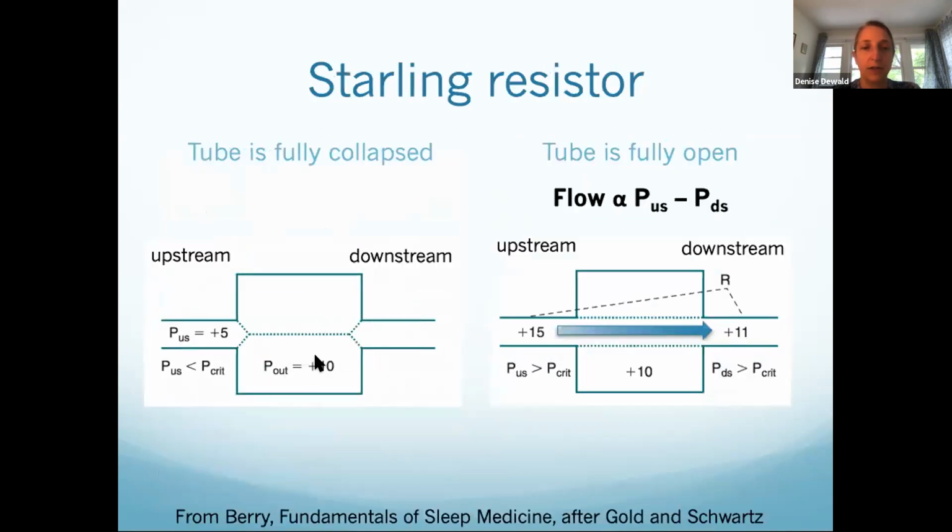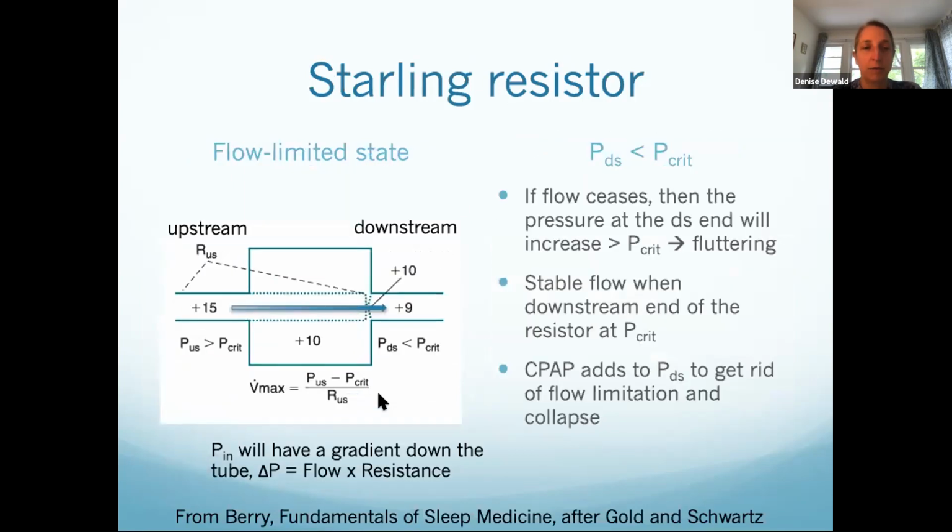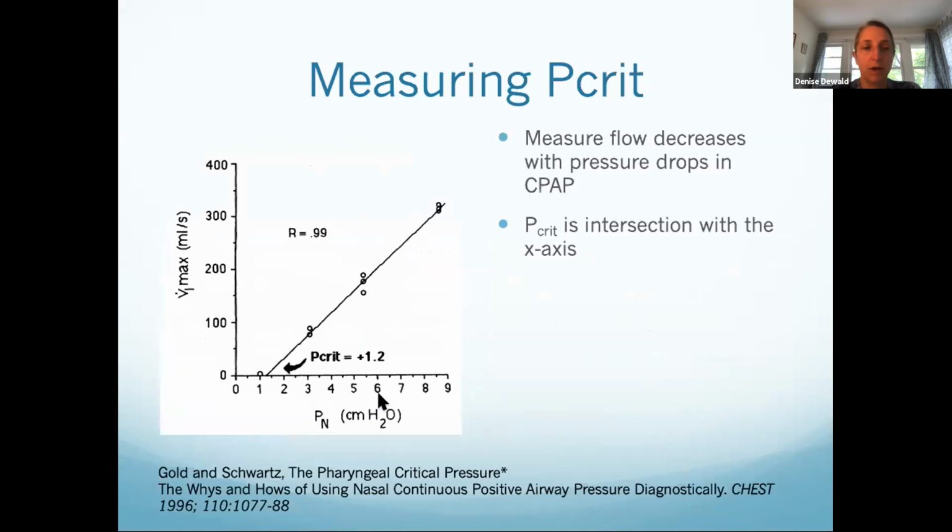This is the P crit. So if you're above P crit, your airway stays open. If you're below P crit, it closes. Does that make sense? In this example, it takes a positive P crit to keep it open.